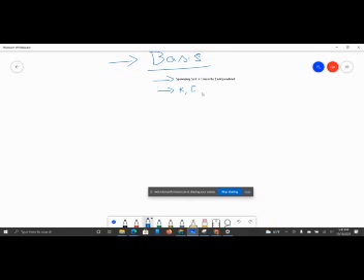In this case, I'll just put n there. If n is less than k, that is, the number of elements in every vector is less than the total number of vectors, it must be linearly dependent.